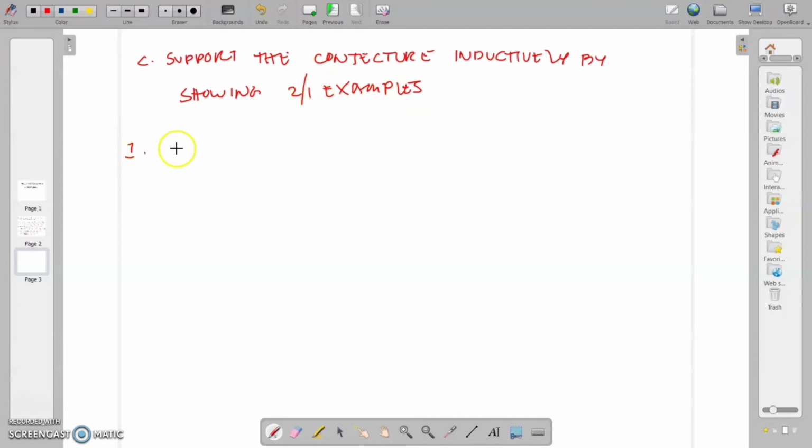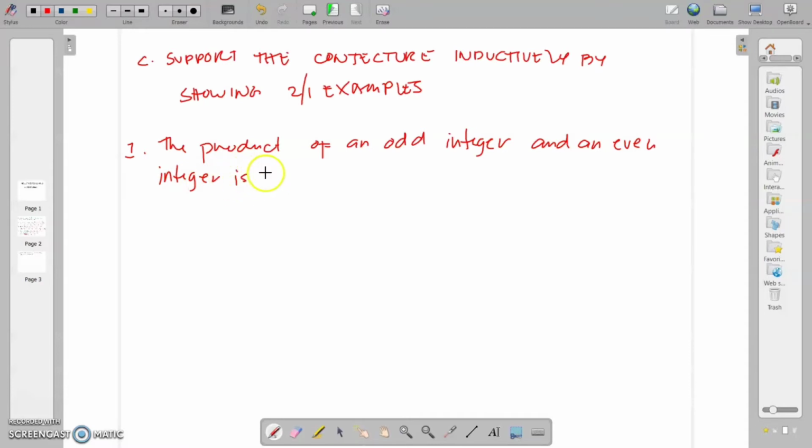So, the first is: the product of an odd integer and an even integer is an odd integer.